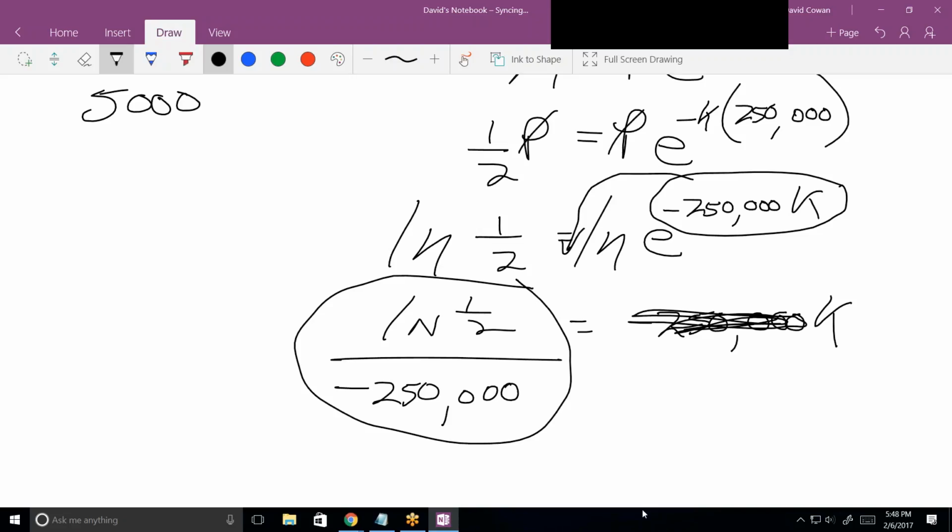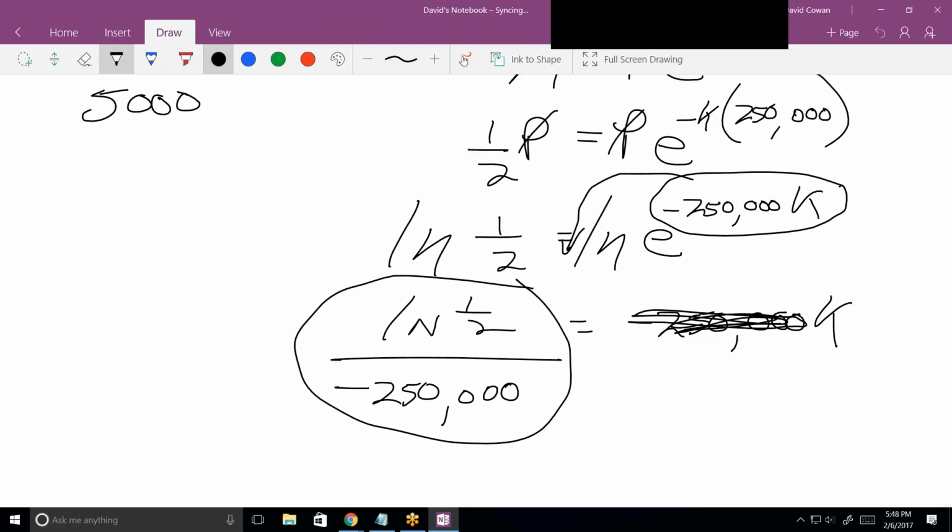But we're dividing by a negative, so my K is going to end up being a positive number, which is fine. You don't actually have to turn that into a decimal at this point. In fact, let's not, because the moment you turn that into a decimal, you're making it less accurate.